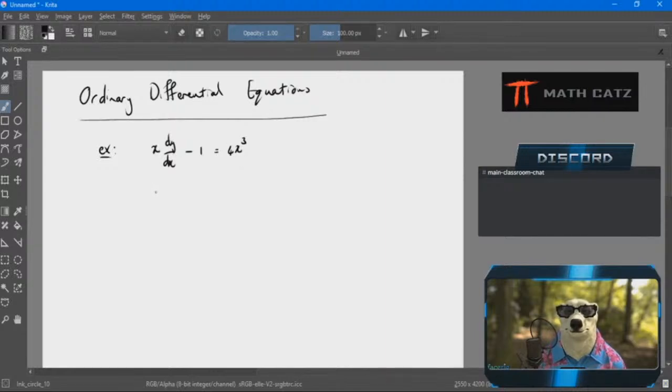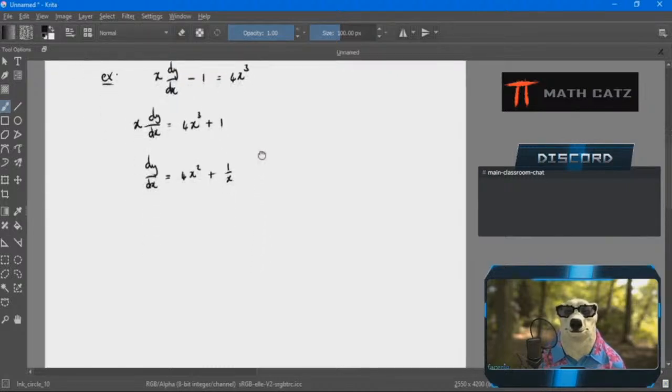And then we saw, okay, well, let's isolate our derivative. We're looking for a function that satisfies this information. In order to find that function, one option is to isolate the derivative portion, and let's do it in two steps: 4x cubed plus 1, and so dy/dx equals 4x squared plus 1 over x, for example.